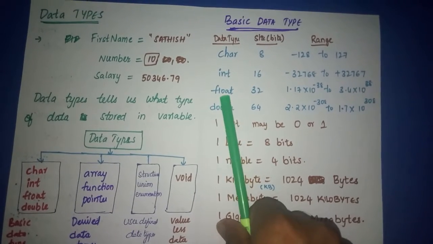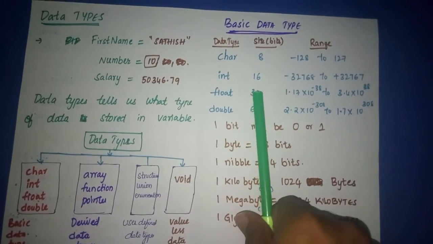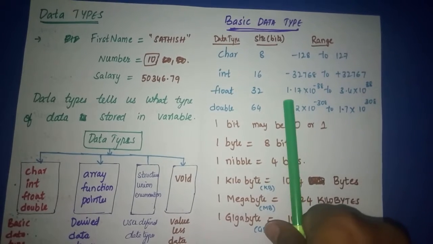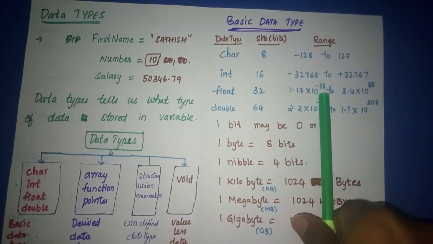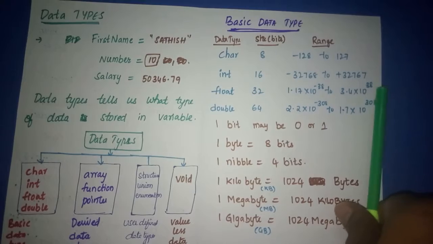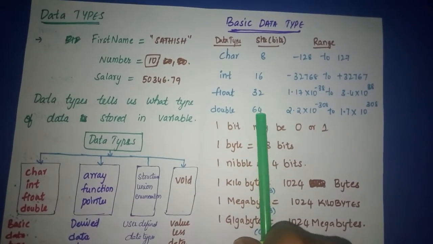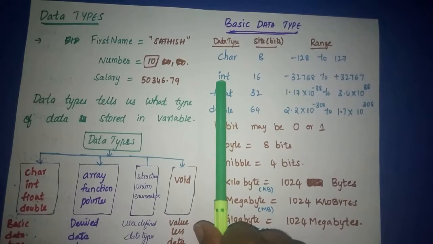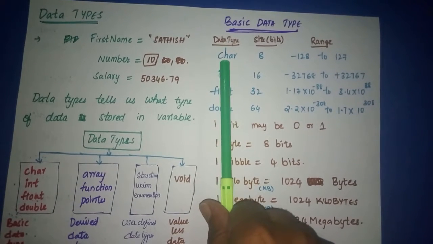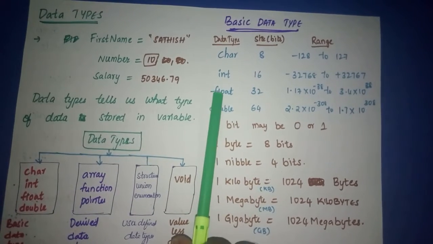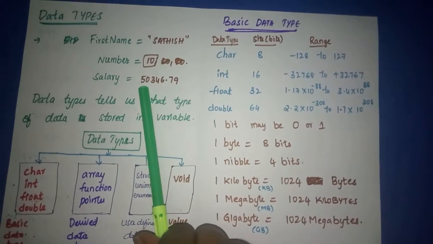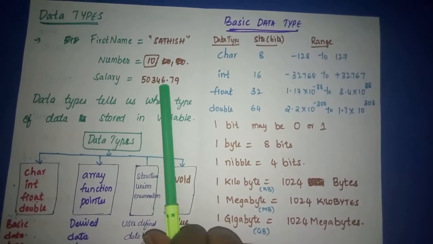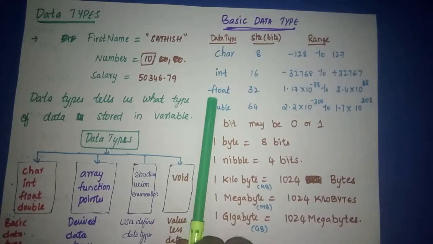And coming to float, it is 32 bits and its range is 1.17 into 10 to the power of minus 38 to 3.4 into 10 to the power of 38, and double is 64 bits. Whenever there is an integer we say int data type. Whenever you want to store characters you say char. Whenever you want to store decimal points like 50,346.79, then you use float.